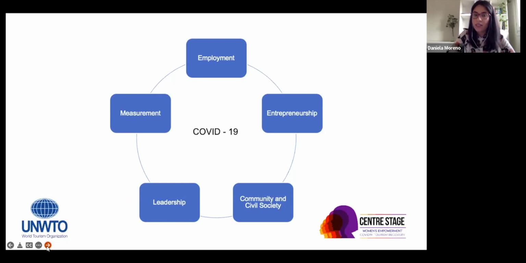You can find them in the first and the second global report on women in tourism. And at the core, unfortunately, we have COVID-19. This is the current context. We cannot avoid this context right now because, unfortunately, the impact has been immense and very negative for tourist development. So let's make a quick review of each of the pillars, taking into account that at the core we have COVID-19.